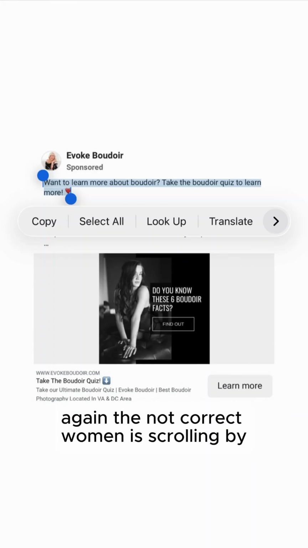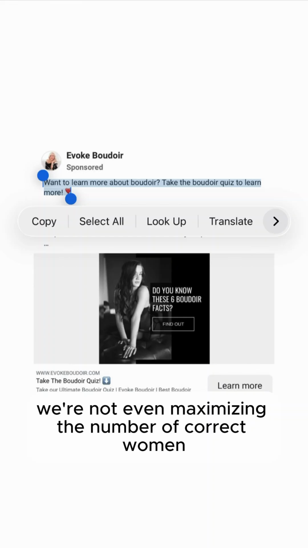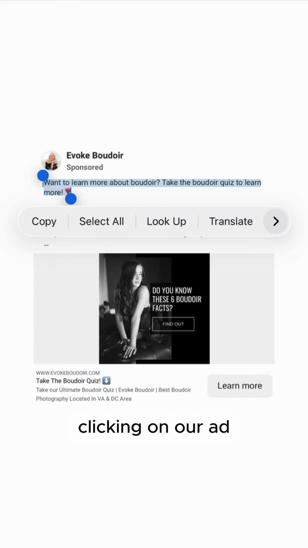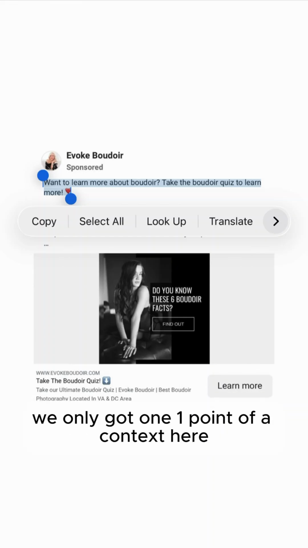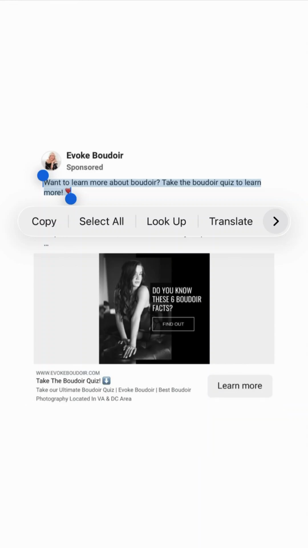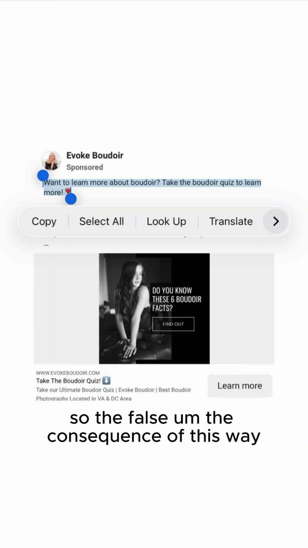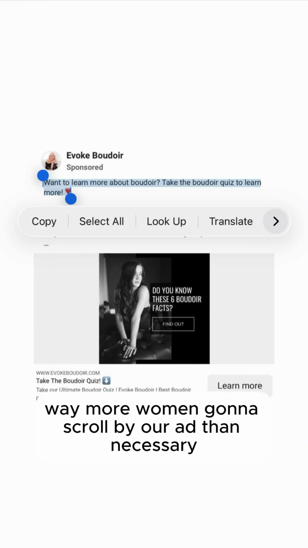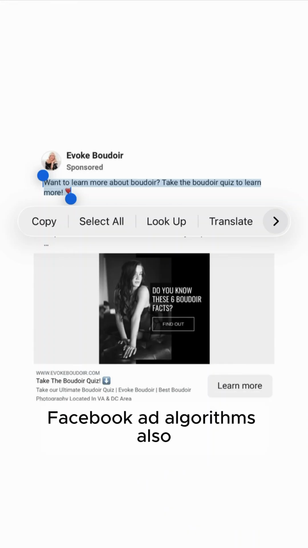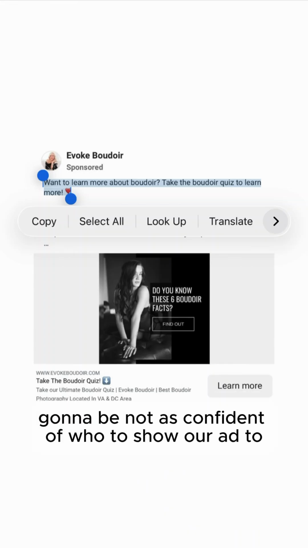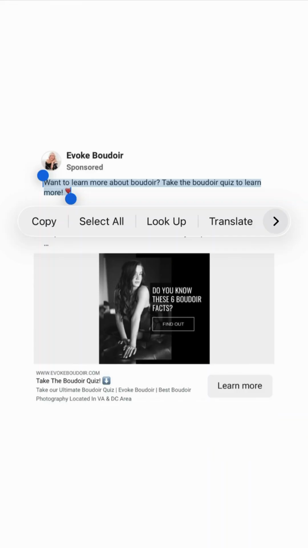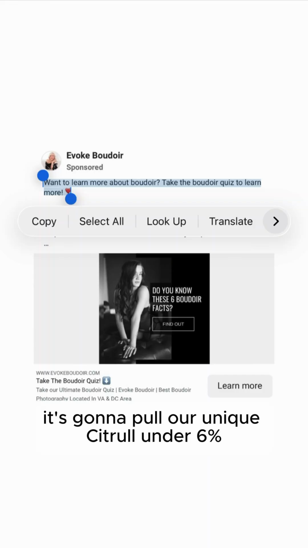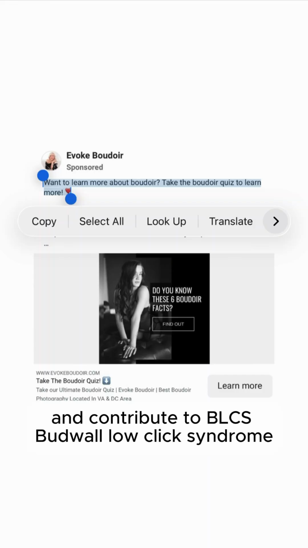Again, not the incorrect women scrolling on by, but we're not even maximizing the number of correct women clicking on our ad. We only got one point of context here. So the consequence of this is way more women going to scroll by our ad than necessary. Facebook's ad algorithm is also going to be not as confident of who to show our ad to. As a result, it's going to pull our unique CTR under 6% and contribute to BLCS, Boudoir Low Click Syndrome.